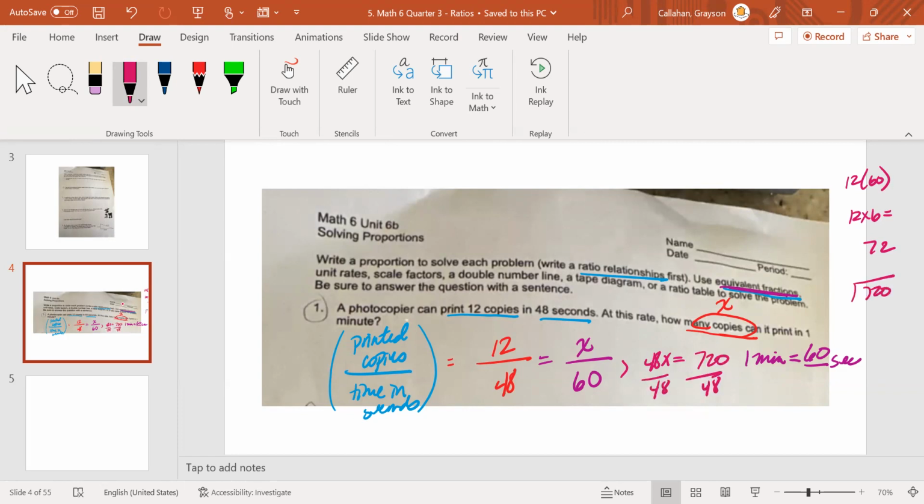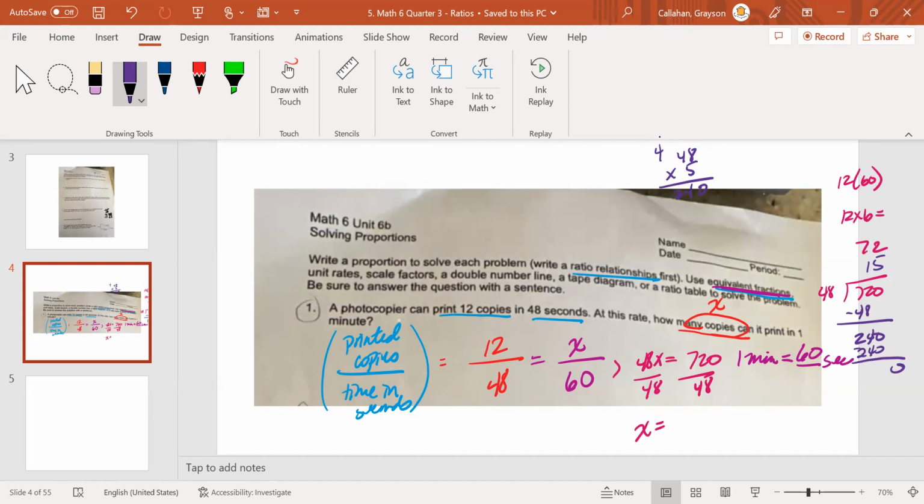Now you divide that, 720 divided by 48. Okay, so it's going to give you 15.